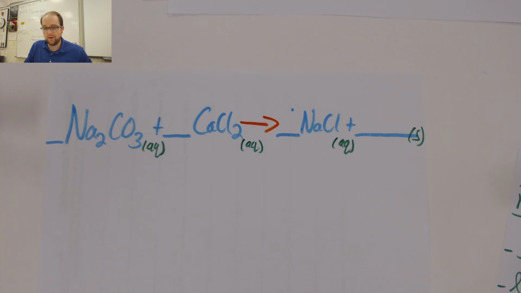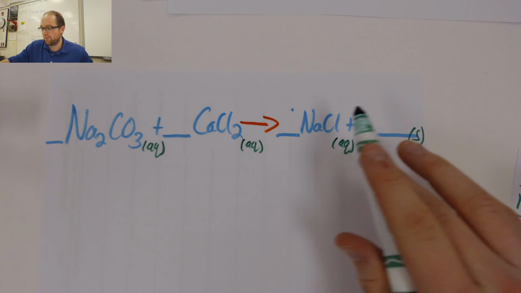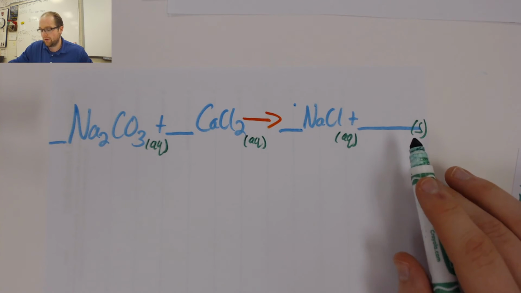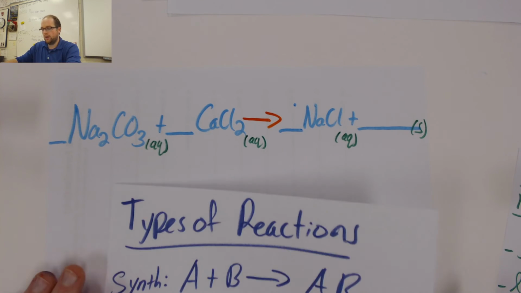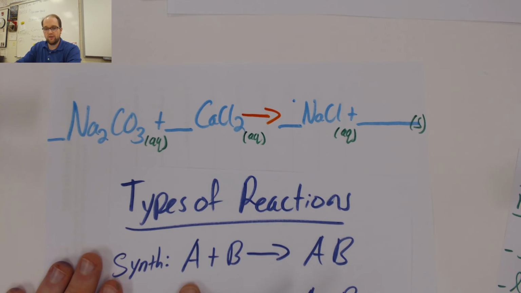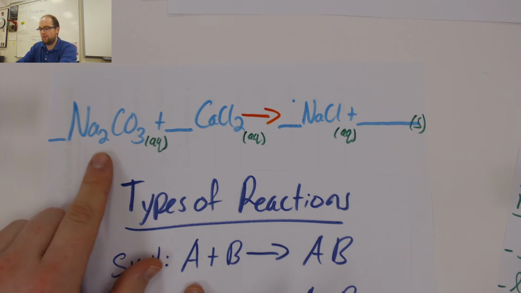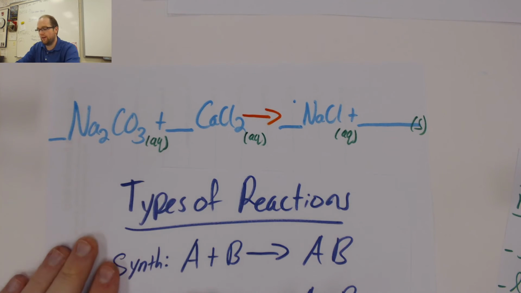To do this, we need to think back to our types of chemical reactions. I need to predict what my last product is going to be. So we have to look back at some of our patterns. I know that this is not a synthesis reaction, because that would have 2 single elements, and these are not single elements.